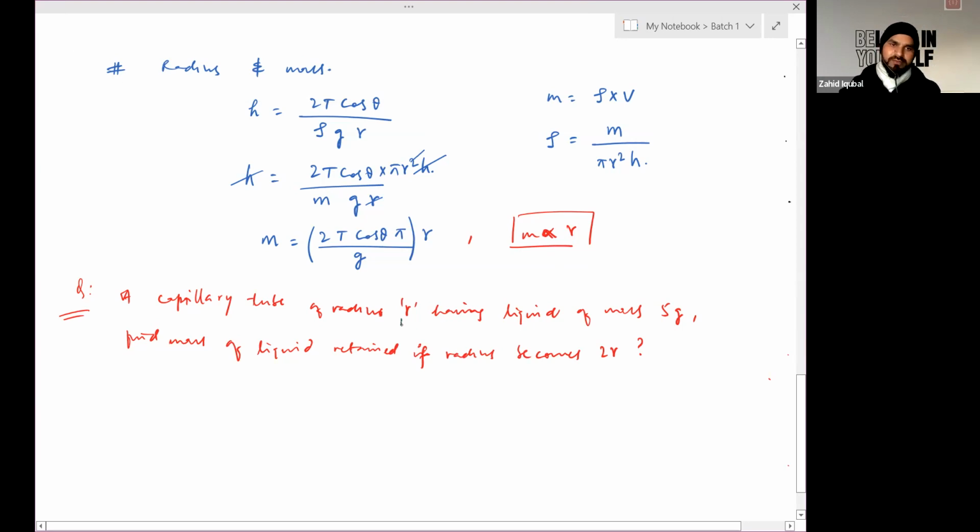Just see, we have initially radius r holding liquid of mass 5 gram. Now radius becomes 2r. So how will the mass of liquid change according to this relation? Hamza?